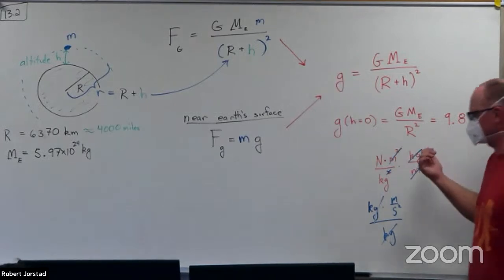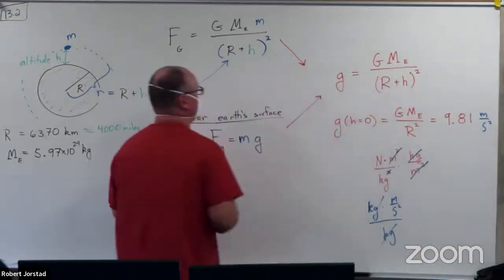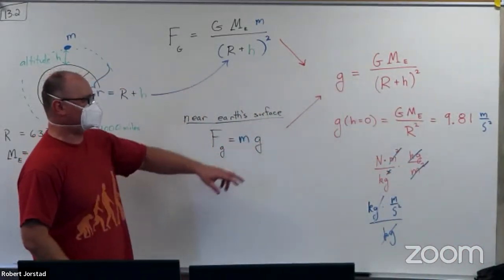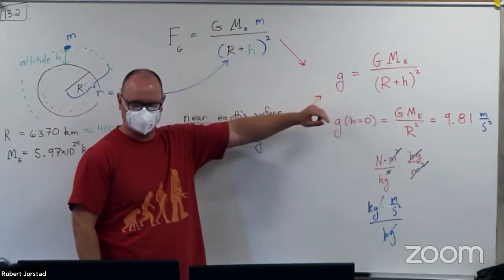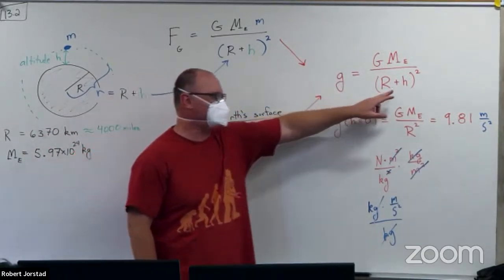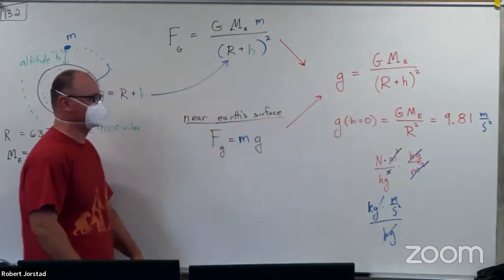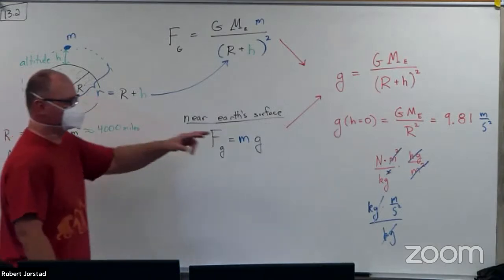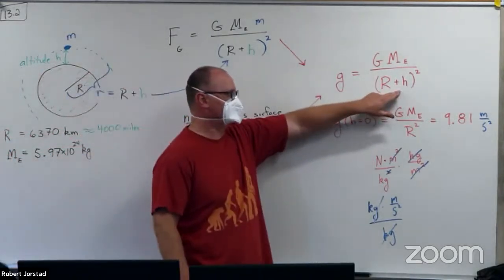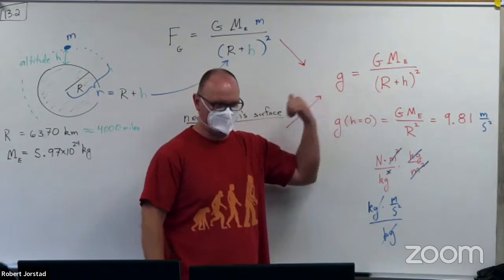What happens to G as you go up into outer space? What happens to little g, I should be careful, as you go into outer space? What happens to the altitude as you go into outer space? It gets higher, so what happens to the denominator? So what happens to the value of G? Smaller.